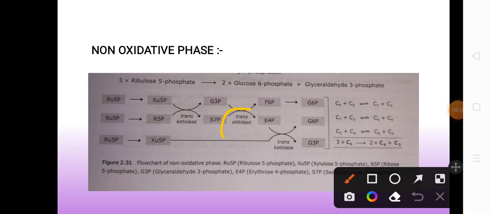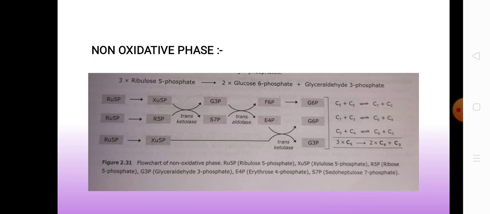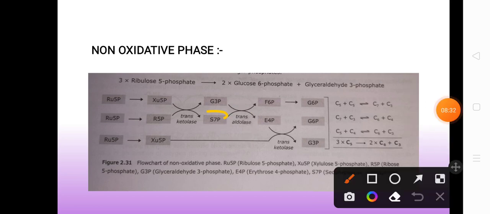Now let's talk about transaldolase. What will transaldolase do? It will take a carbon unit from a ketose. The ketose here is sedoheptulose 7-phosphate. It will take not 2 carbons, sorry, 3 carbons. So not a 3-carbon monosaccharide, but a 3-carbon containing molecule.